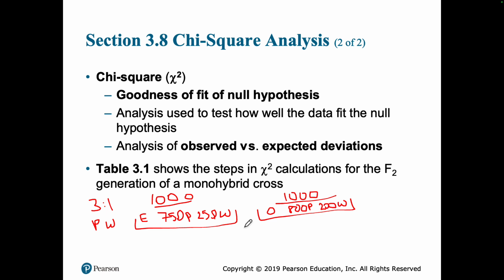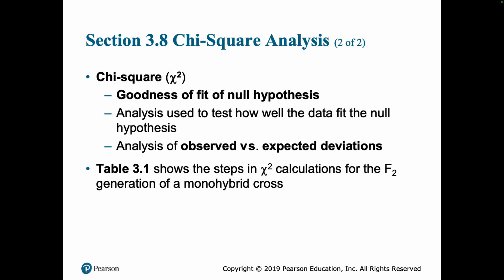But is that by chance, just the random nature of independent assortment of which gametes actually end up being used for fertilization? Or is there something else going on that makes this difference not just because of chance? Is there some other factor that might be playing a role, meaning my observed results are not because of chance, but because of something else? That's what this chi-squared test is designed to do.